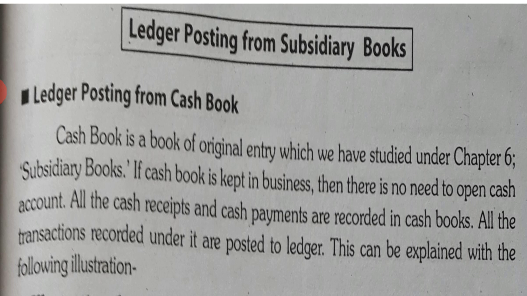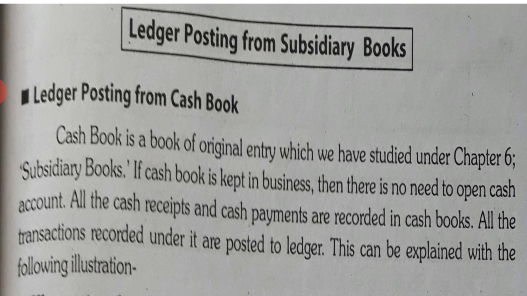Okay? Now, next topic is ledger posting from subsidiary books. Anyway, books are books, but when the amount and the transactions from these books are posted into the ledger book, then the same procedure is followed. Only thing you have to remember which account is debited and which account is credited.